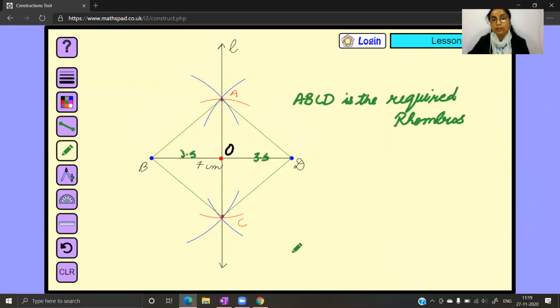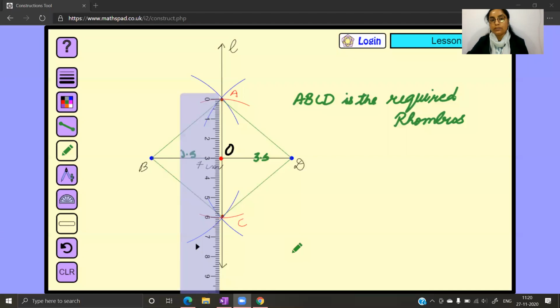Now we can check the length for the other diagonal as well. AC, the two parts should be 3 centimeters each, and the total length should be 6 centimeters. And that also is verified.